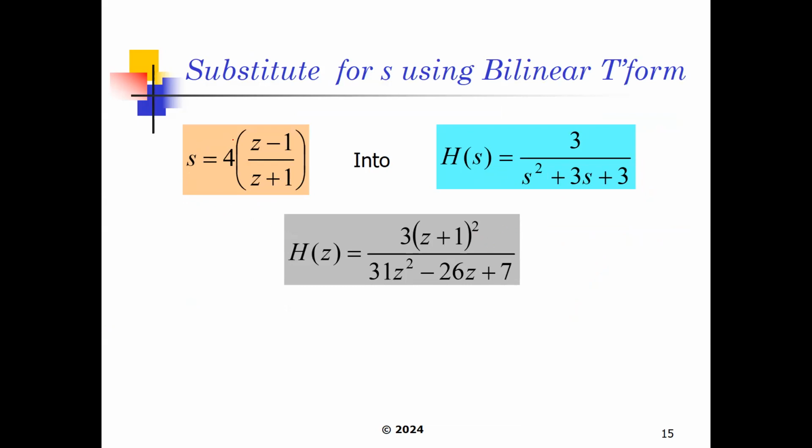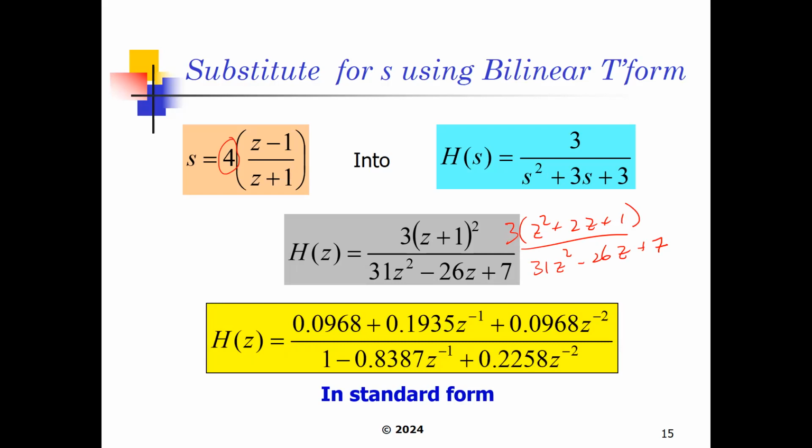Once you have gotten C, the only mistake you could really make in this approach is to calculate the wrong value of C. Everything else is pure algebra after that. As you can see, holding with the positive powers here, this is 3 into Z squared plus 2Z plus 1, right, over 31Z squared minus 26Z plus 7, right?